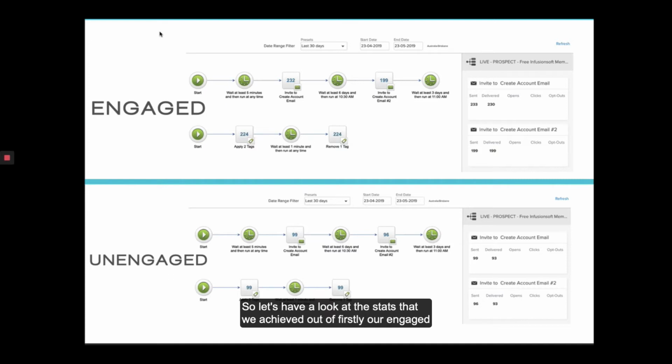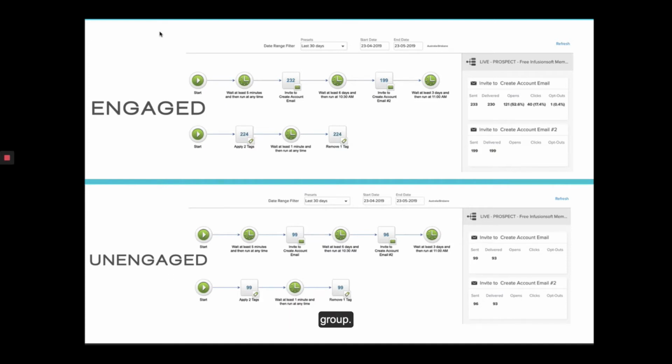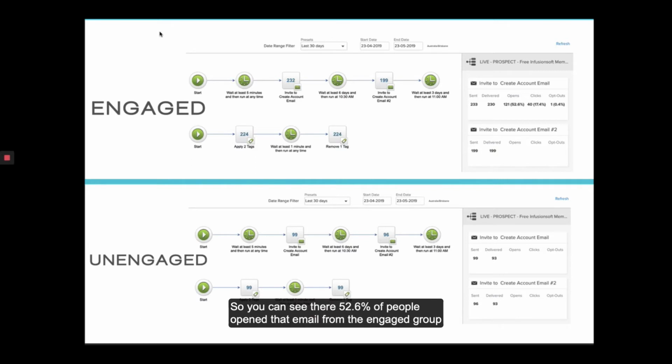Let's have a look at the stats we achieved from, firstly, our engaged group. You can see there, 52.6% of people opened that email from the engaged group, and we had a high click-through rate because of the great offer we put together. Awesome, right? And then on the second email we sent out, we had a 43.7% open rate.